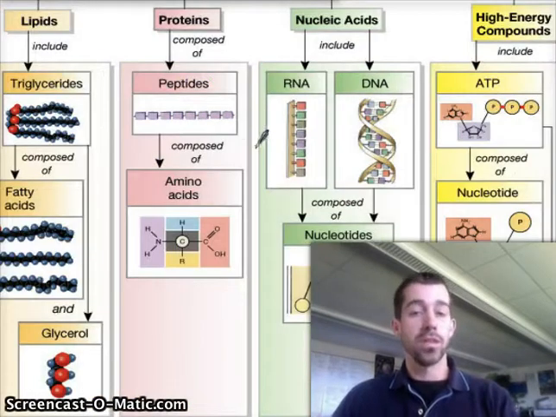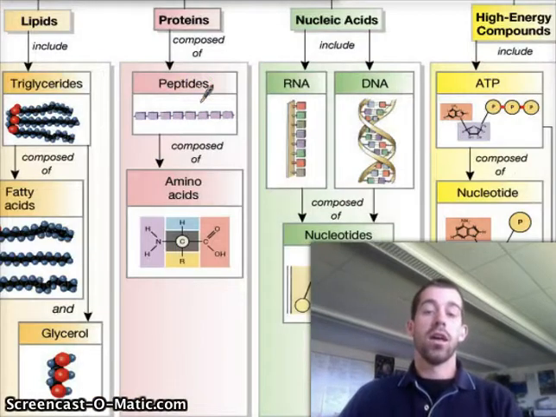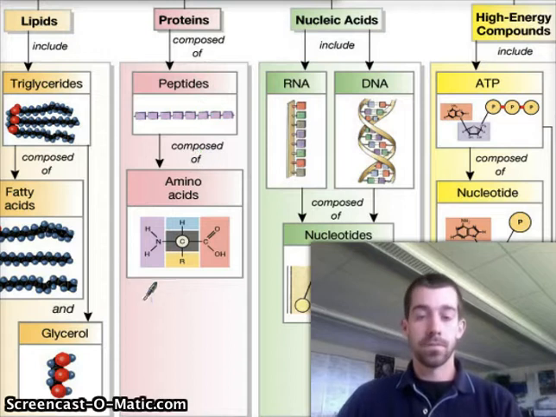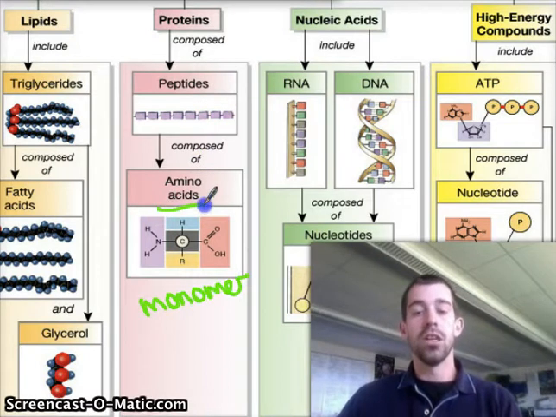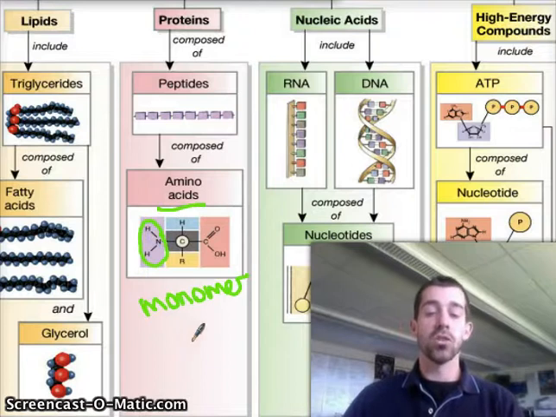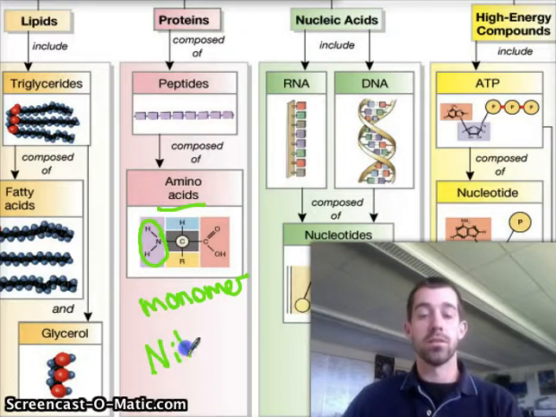Next up are the proteins. Proteins are made up of a monomer called the amino acid. Amino acids look just like this. It's two carbons, two oxygens, and then the most important thing that amino acids have is they also are made out of nitrogen.